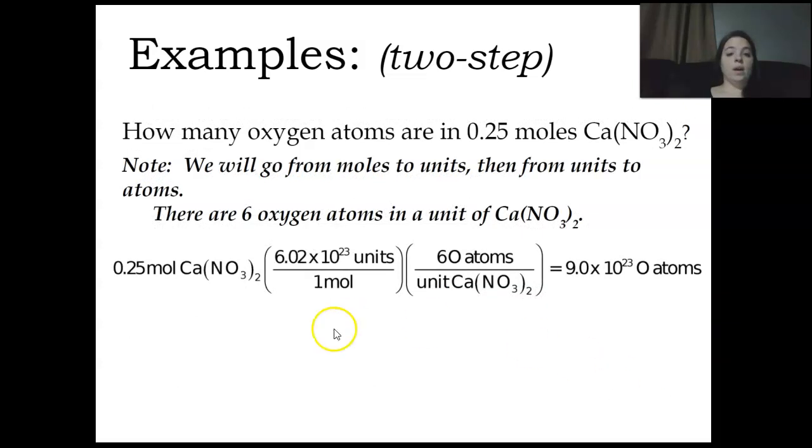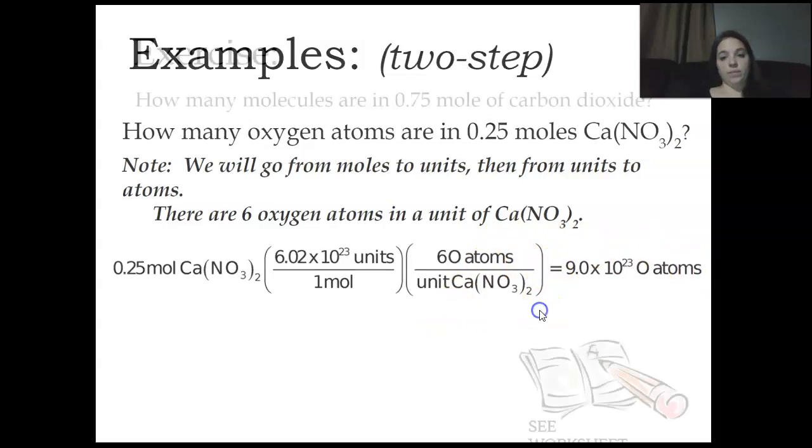All right. Another two-step. Going from atoms to molecules. Again, you're going from molecule to atom, molecule to mole, mole to atom. Again, the setup, moles cancel out. Units are moles. Units to atoms, atoms are the same thing.